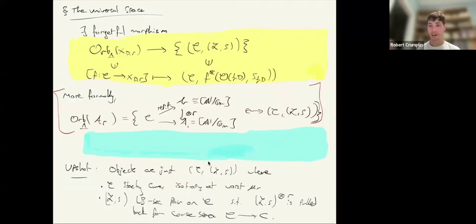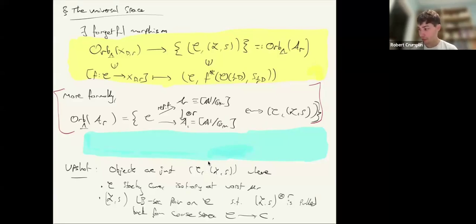And this right-hand side is parameterizing all such triples that could arise from this type of operation. So in particular, it's not dependent on X and D, so somehow it's a very big space. And this space I'll denote by Orb Lambda curly A sub R. You should just think of this as notation.